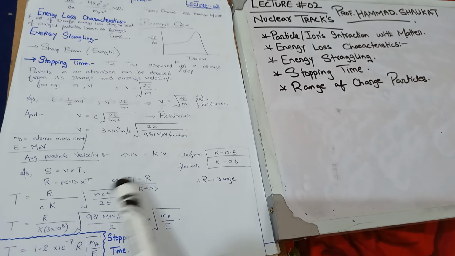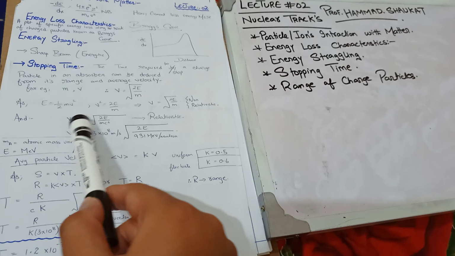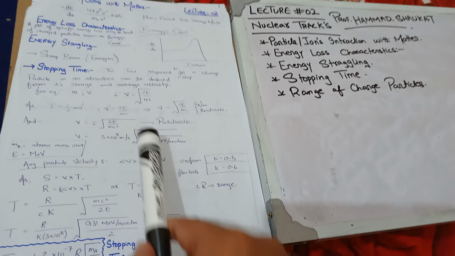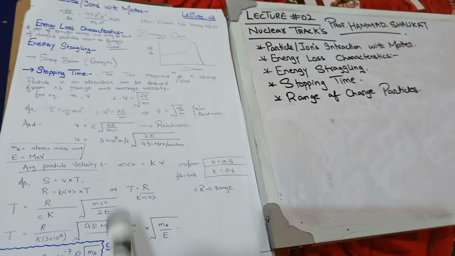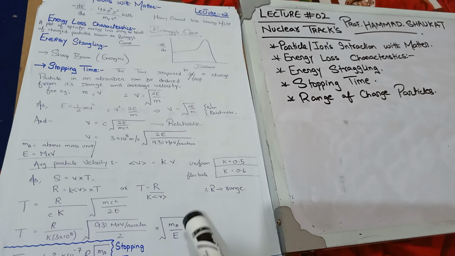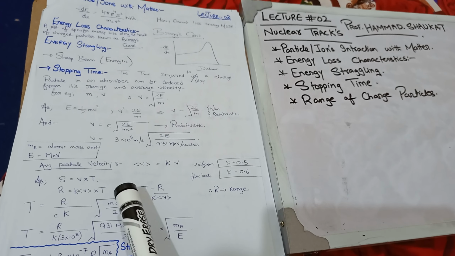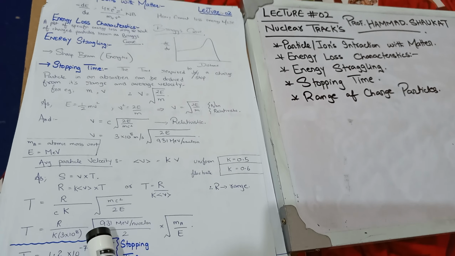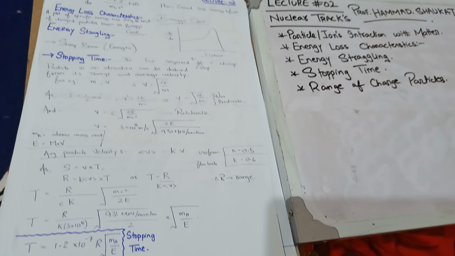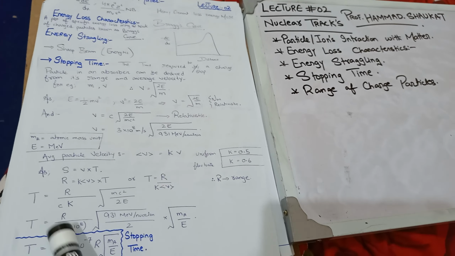Just put the value of c, 3 multiplied by 10 raised to power 8. Because this is in the denominator, you have to take the reciprocal: mc square divided by 2E. Mass is separate, E is separate, and put the value of c square, which is 931 mega electron volts per nucleon, and 2 is as it is. So all of this is constant.